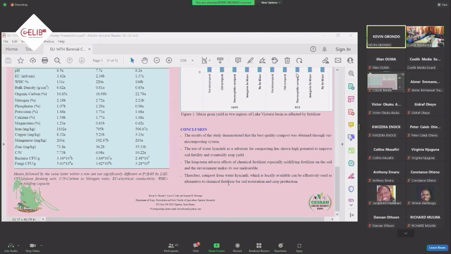The long-term adverse effect of chemical fertilizer, especially on soil and environment, makes their use undesirable. Therefore, compost from water hyacinth, which is locally and readily available in the Lake Victoria region, can be used as an alternative to chemical fertilizer, whose price is also becoming unfriendly to most of our farmers.